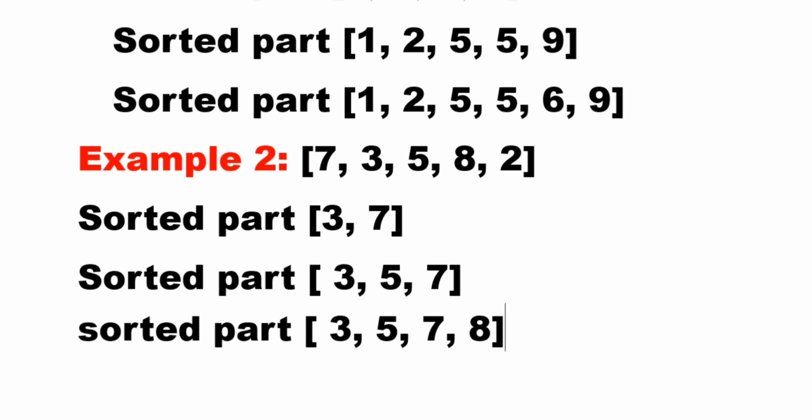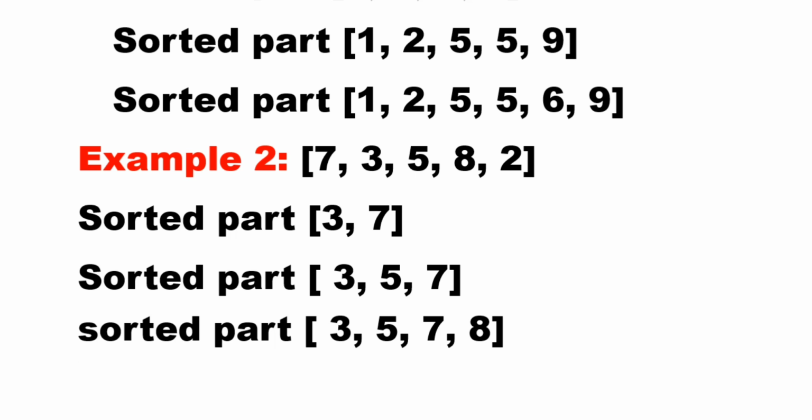Next, we move on to the next element. This is the last element, right? The next element is 2. Compare 2 with the sorted part. 2 is less than 7, and less than 3, yes.